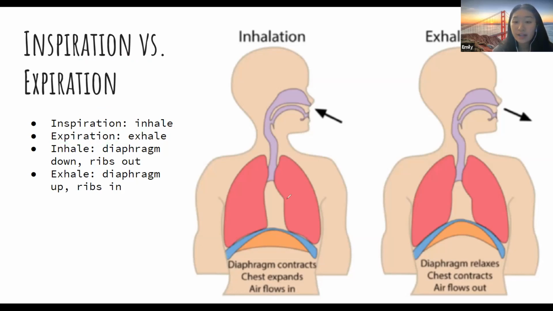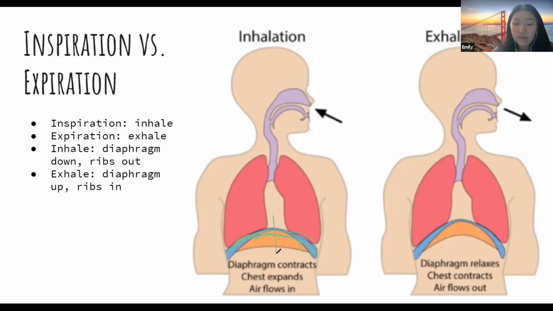When you're inhaling, how this works is that your diaphragm is going to contract. The diaphragm is a flat sheet of muscle that lies right below your lungs, and the lungs rest on top of it. It's a very muscular sheet. So when you inhale, the diaphragm is going to contract. And what happens if it contracts?